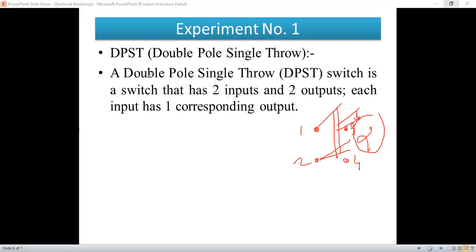So this input and output, that is the connection between these two poles, is done at a time. That means when we throw it once, एकदा थ्रो केलं की all poles connect होतील, that is all two poles connect होतील. So this is nothing but a DPST switch. This switch has two inputs and two outputs. Now I will show the figure for that.